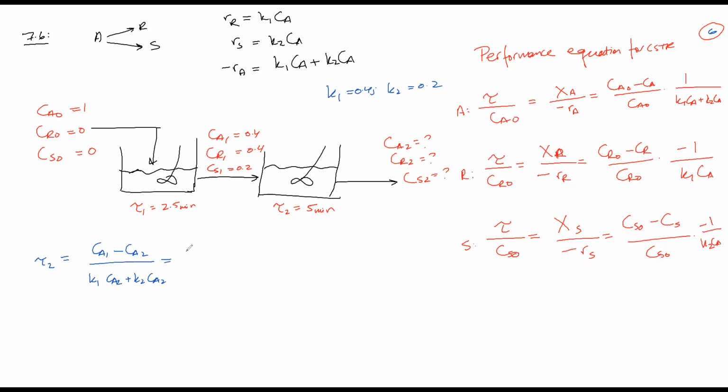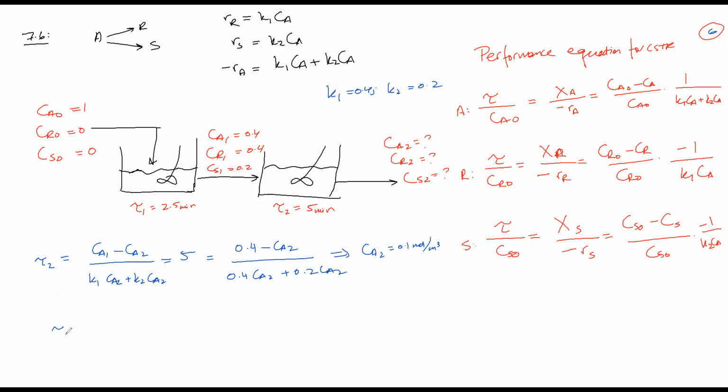And tau 2 is given to be 5. So I have 5 equal to 0.4 minus CA2 divided by 0.4 CA2 plus 0.2 CA2. And you can solve this to get CA2 equal to 0.1 mole per meter cubed. Verify this answer.